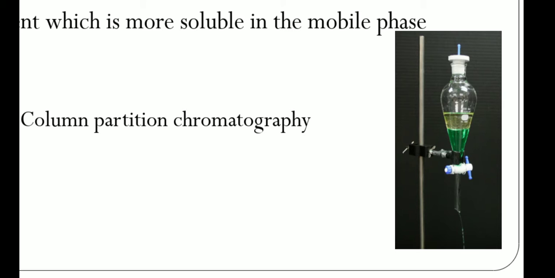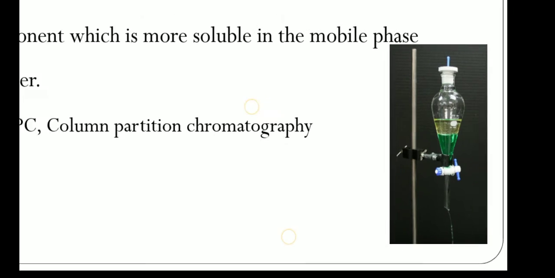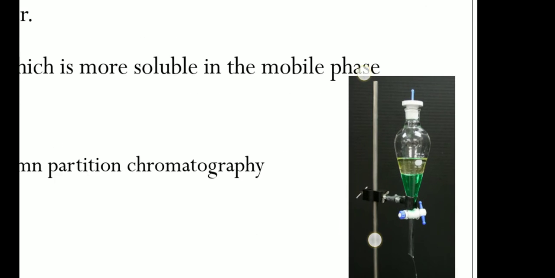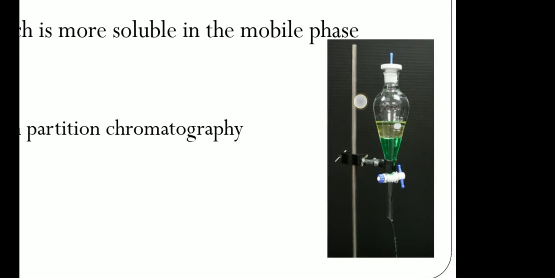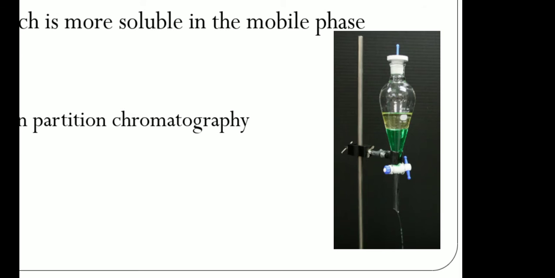Consider a mixture consisting of water and chloroform, and if we are adding salt into that mixture, what will happen? Salt will first be dissolving. The salt will be dissolving in water, not in the chloroform layer. So here they have shown one image consisting of a mixture of two immiscible liquids.